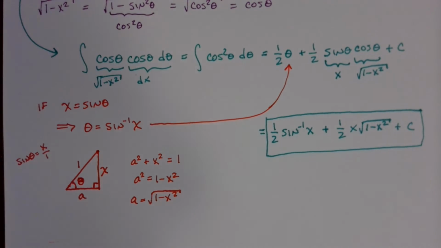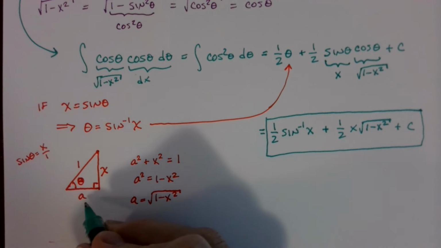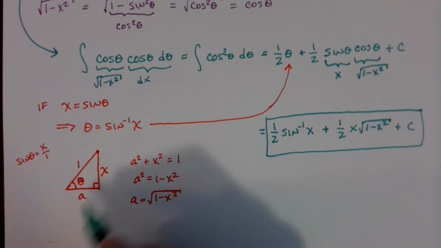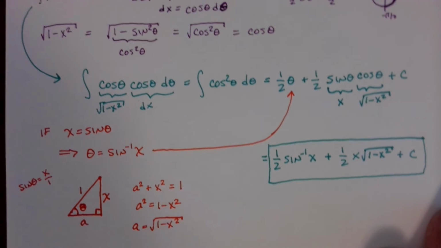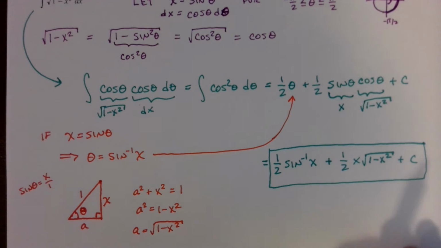But I can also get things like tangent. What would tangent theta be? You remember what tangent is? Tangent is opposite over adjacent. So tangent theta would be x over the square root of 1 minus x squared. And so on. You can actually get secant, cosecant, and cotangent all from this. So this right triangle is very helpful with doing our trig substitution.